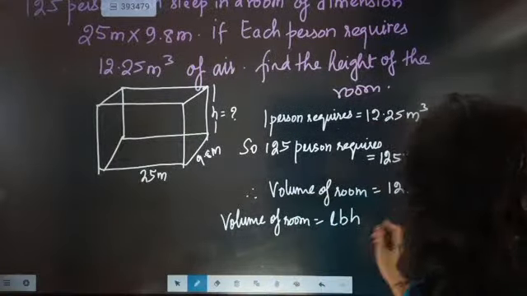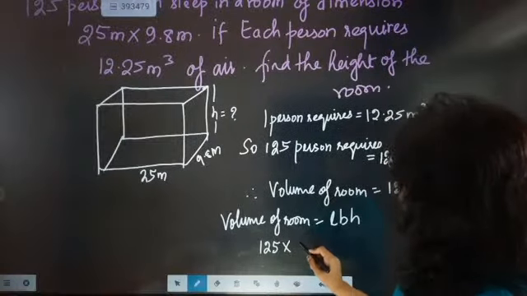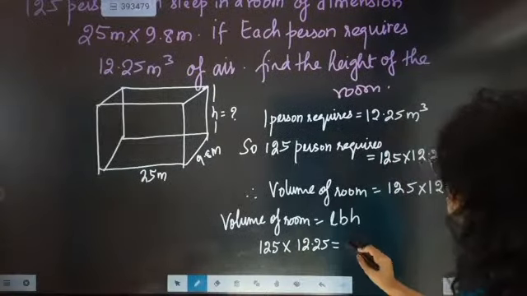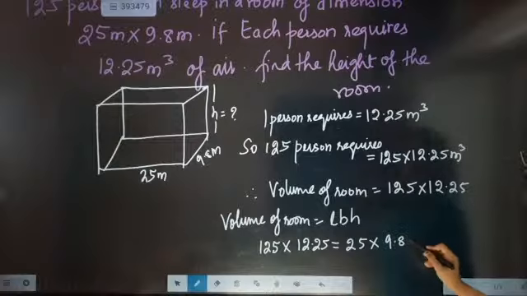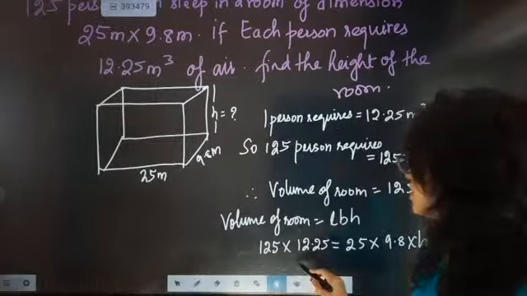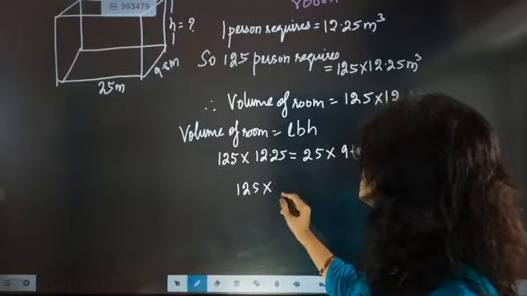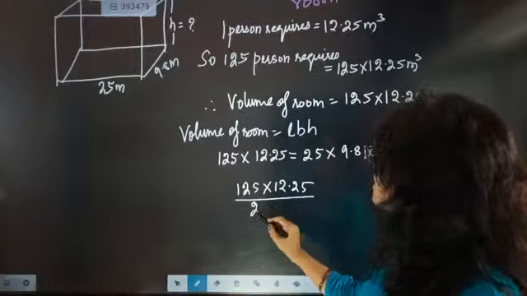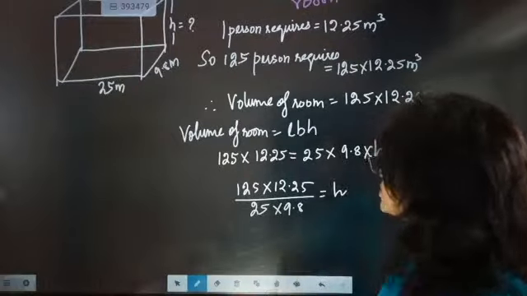So volume of room is 125 into 12.25, equal to 25 into 9.8 into H. So now it is going to be 125 into 12.25 by 25 into 9.8 equal to H.